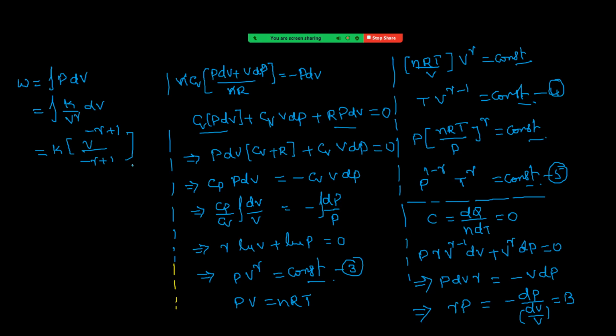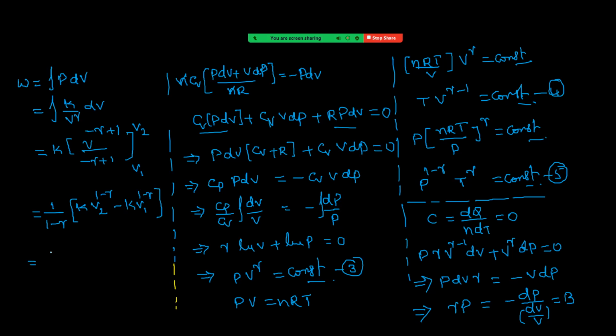Now substitute values. Initial volume, take it as V1, final volume V2. I can take 1 minus gamma outside. It is 1 by 1 minus gamma. Remaining, let us take K value inside: K into V2 power 1 minus gamma minus K into V1 power 1 minus gamma.